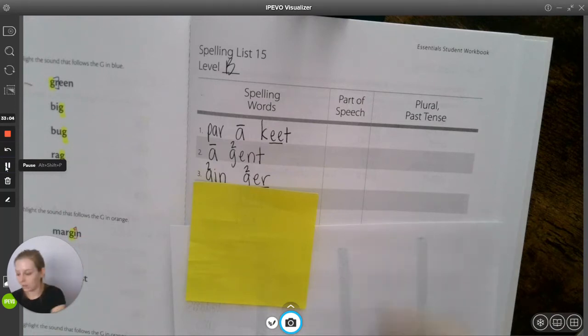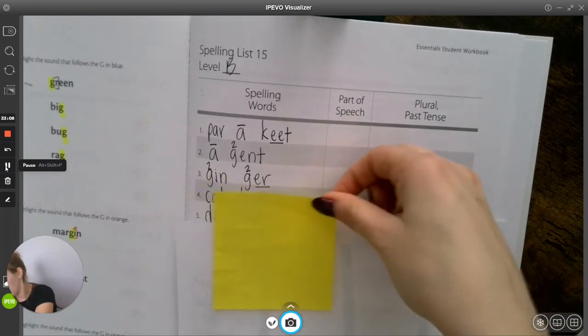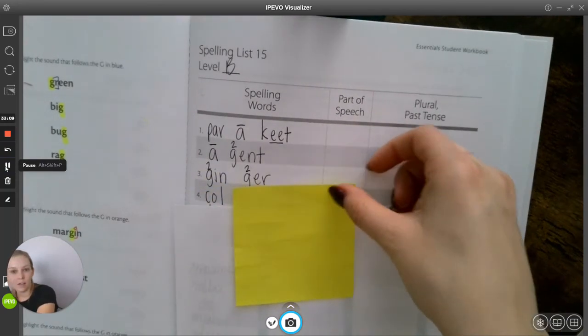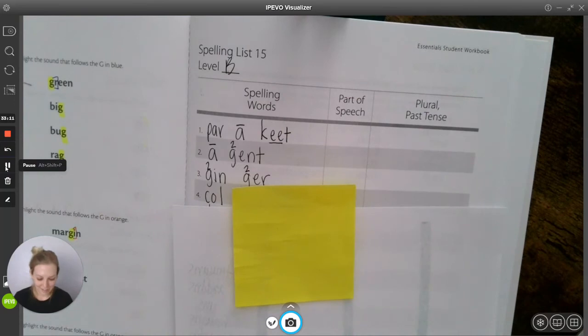K-A-L. And second syllable is lect. Sound it out. O-E-K-T. Finger spell. O-E-K-T.